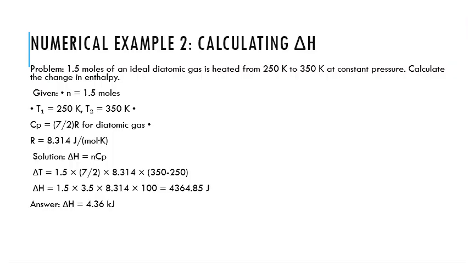Plug this into delta H is equal to nCp delta T, which gives 4.36 kilojoule. We use Cp and delta T to get the enthalpy change from constant pressure heating.